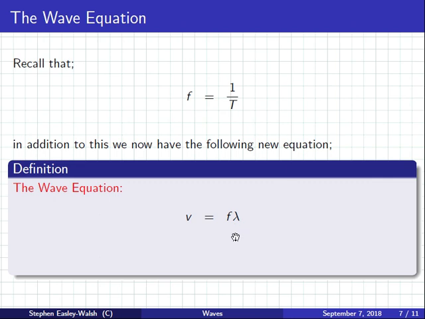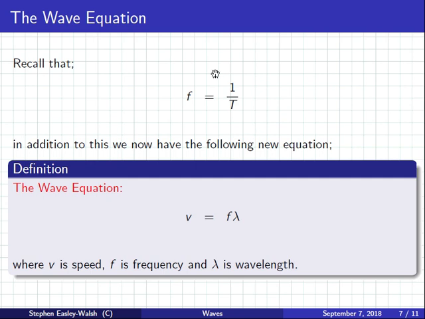If you know the wavelength and the frequency, you can know how fast the wave is propagating. So you have v equals f lambda, where v is the speed, f is the frequency, and lambda is the wavelength. It's a simple little formula. Yeah, that's all there is to it. So if you can write this down, v equals f lambda.